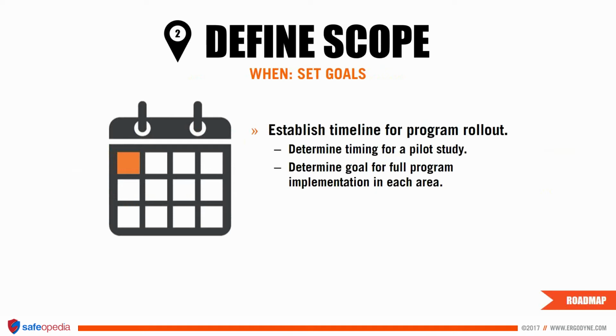Establish a timeline for your pilot study, and then maybe even a longer term timeline for your full program. Let's say you want to kick this off at the beginning of 2018, and you're going to do a pilot study in January, and then you hope by July of 2018 you have your program in place. Make sure you set those goals for yourself.